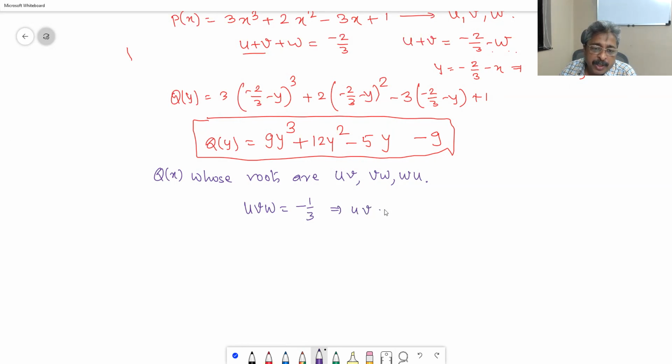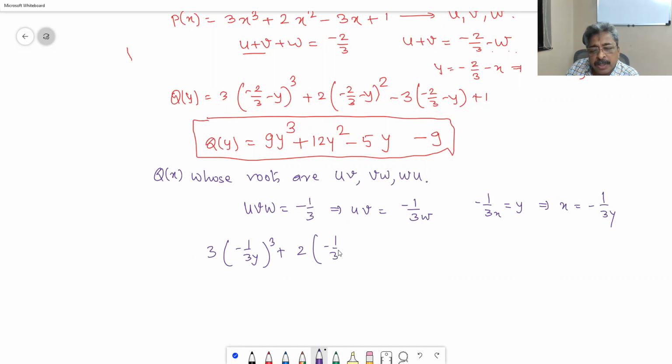Therefore, uv is equal to minus 1 by 3w, right? And w was over x, so minus 1 by 3x is equal to y. Therefore, x is equal to minus 1 by 3y. If we put it, 3 into (minus 1 by 3y) bracket cube plus 2 into (minus 1 by 3y) bracket square minus 3 into (minus 1 by 3y) plus 1 is equal to 0.